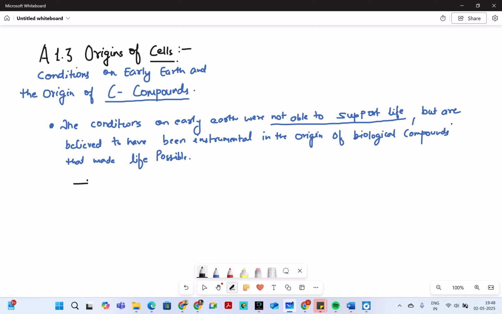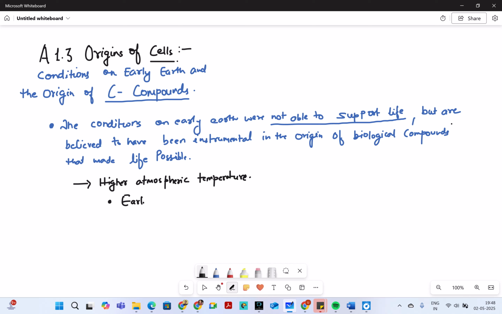First of all, there are certain conditions. The first is higher atmospheric temperature. Now if you see, the early atmosphere contained high levels of carbon dioxide.